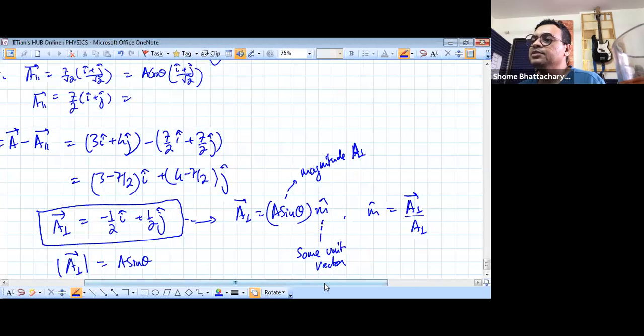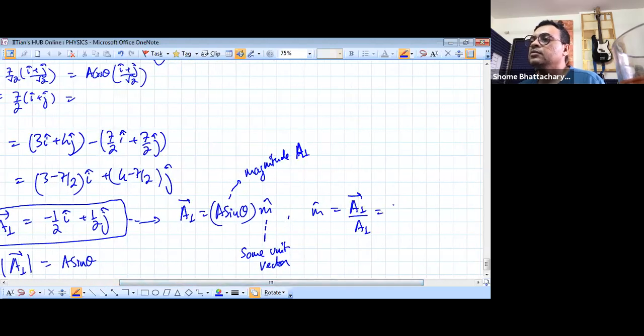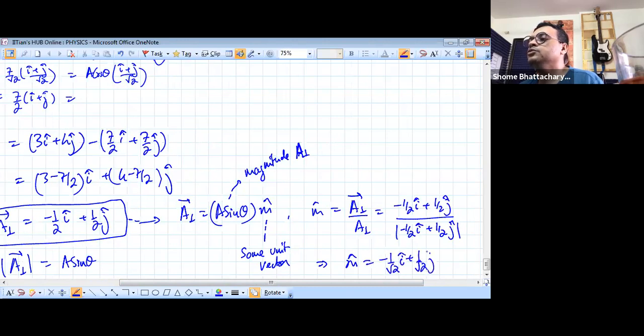So this unit vector, what will it become? It will become the unit vector of minus half I cap plus half J cap. So when you work this out, you will see that this unit vector will become minus 1/√2 I cap plus 1/√2 J cap.